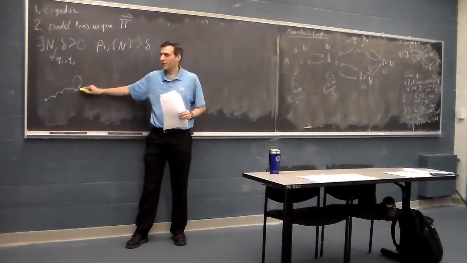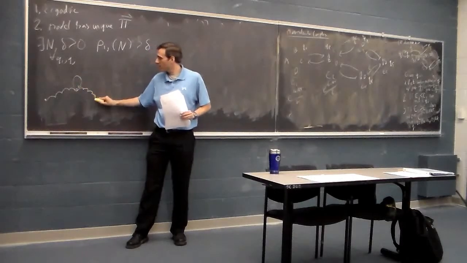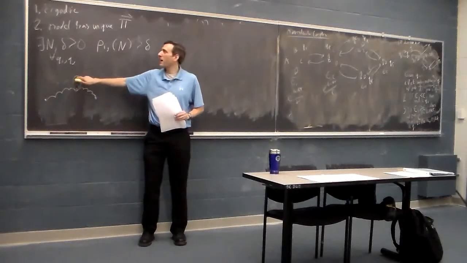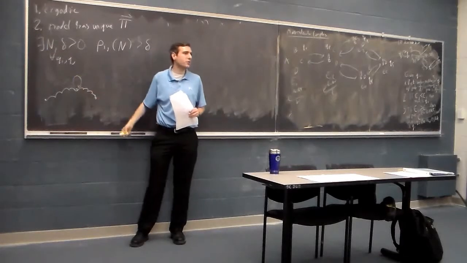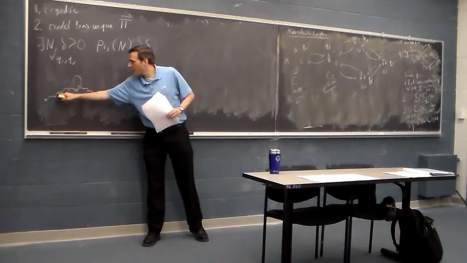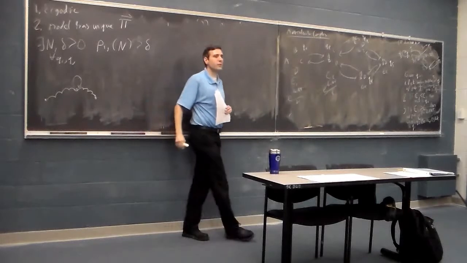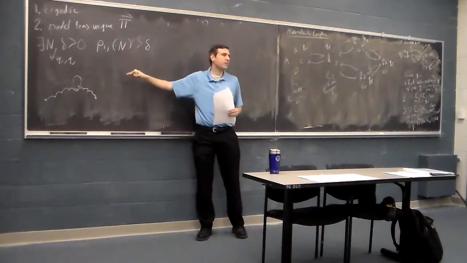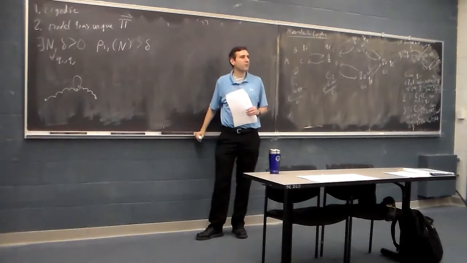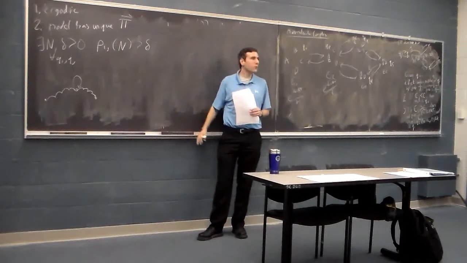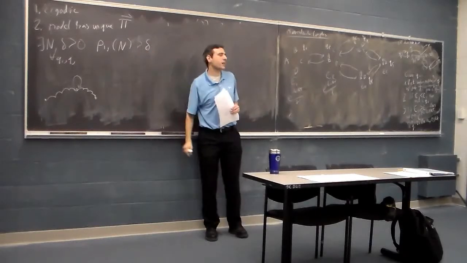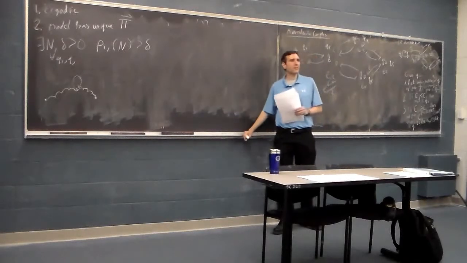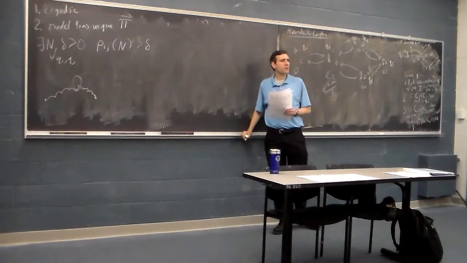You can take a bunch of passes around that self-loop, walk to the other state you're trying to get to, and just make sure you take enough passes around this loop to get to whatever end you're trying to get to. And then you're guaranteed that each of these steps has probability greater than 0. So this is going to work for any n that's at least twice the size of the diameter of the graph. So it's not quite a formal proof, but it's at least an argument this is going to apply for any Metropolis model graph, as long as you don't have infinite energies in it. So does that make sense to everyone?